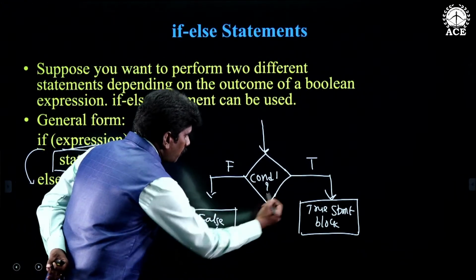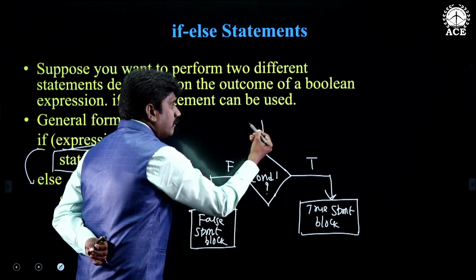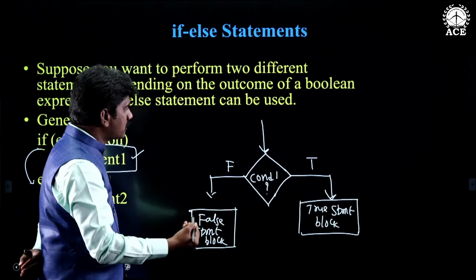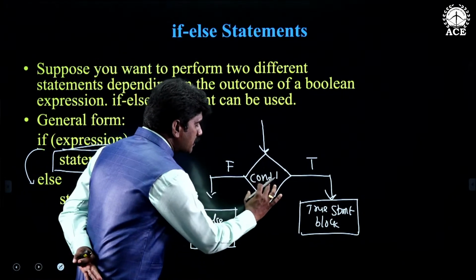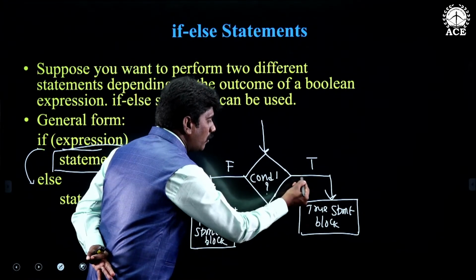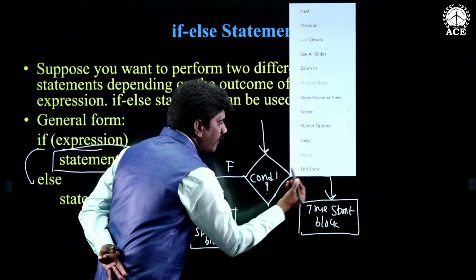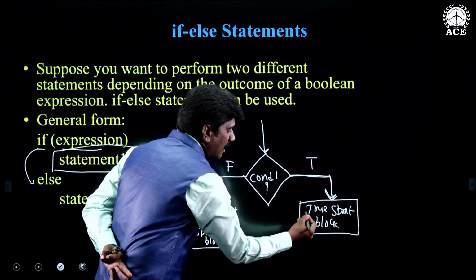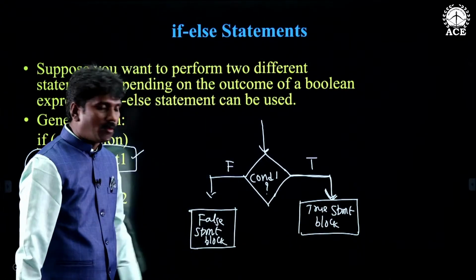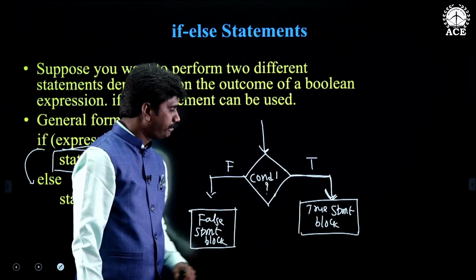So here the execution continues, and meanwhile there is one condition. If this condition is true, then the control flow or the execution sequence will start from the true statement block, and whatever statements are inside the true statement block will be executed.